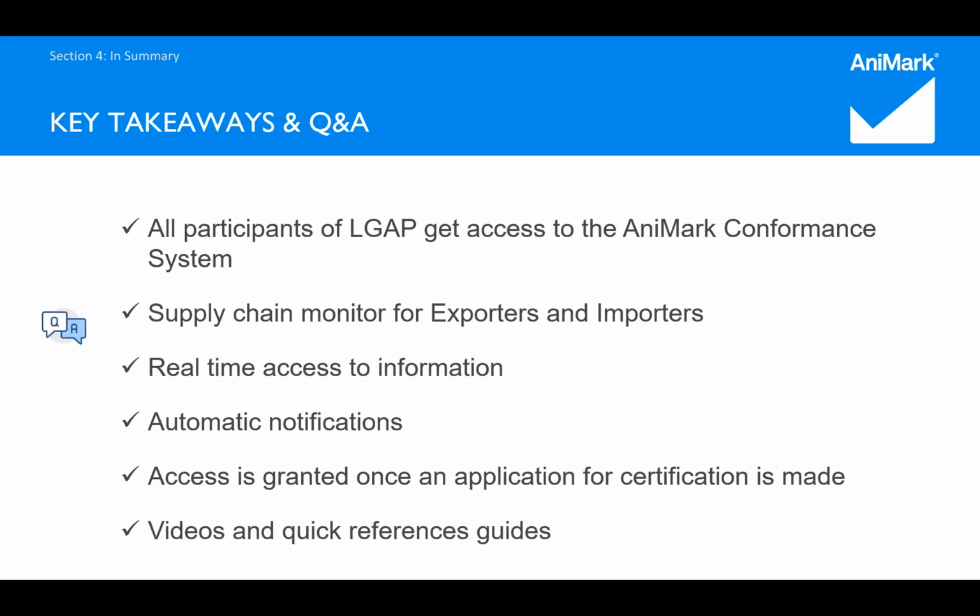Everything occurs in real time, so as soon as you close a nonconformity or submit a corrective action, that auditor gets an email. You get access to the system when you apply for LGAP certification, and we do have those free resources and guides available for you to help in case you can't remember what you saw in this video.